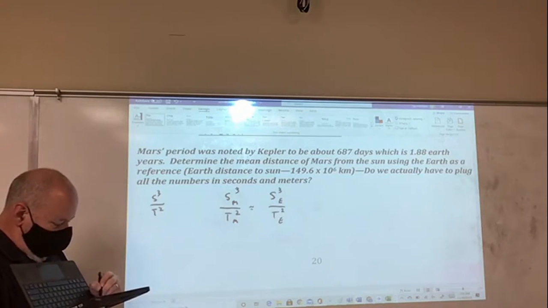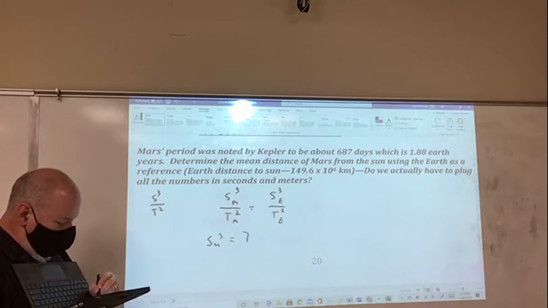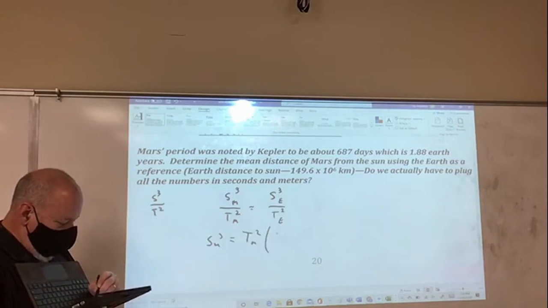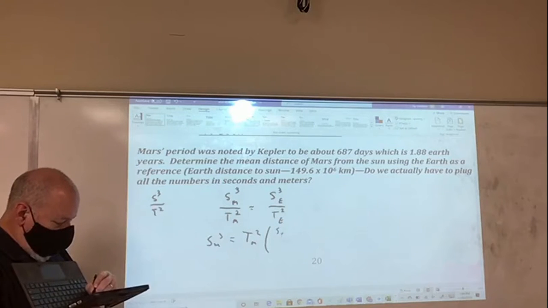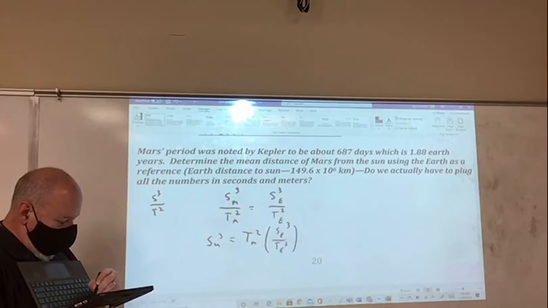Okay, I can just say my period for the Earth is 1. So we're going to say the distance of Mars from the sun cubed equals the square of its period times the cube of the Earth's distance divided by the Earth's period.